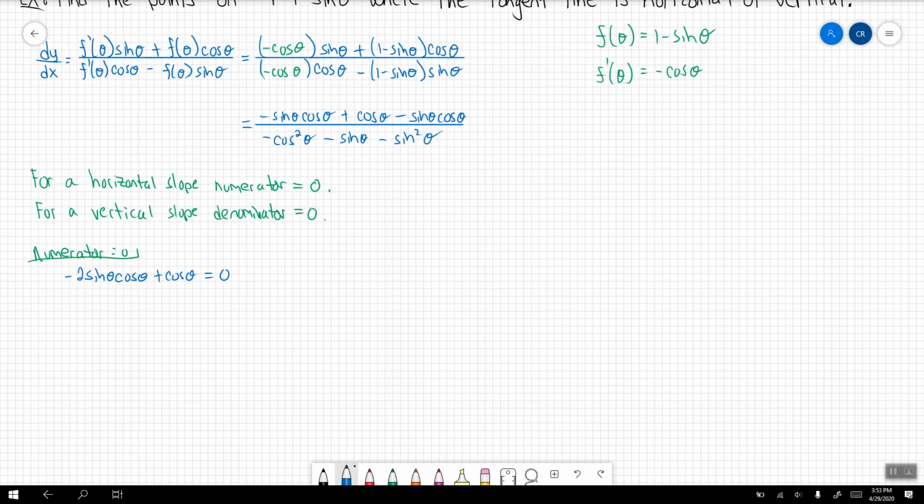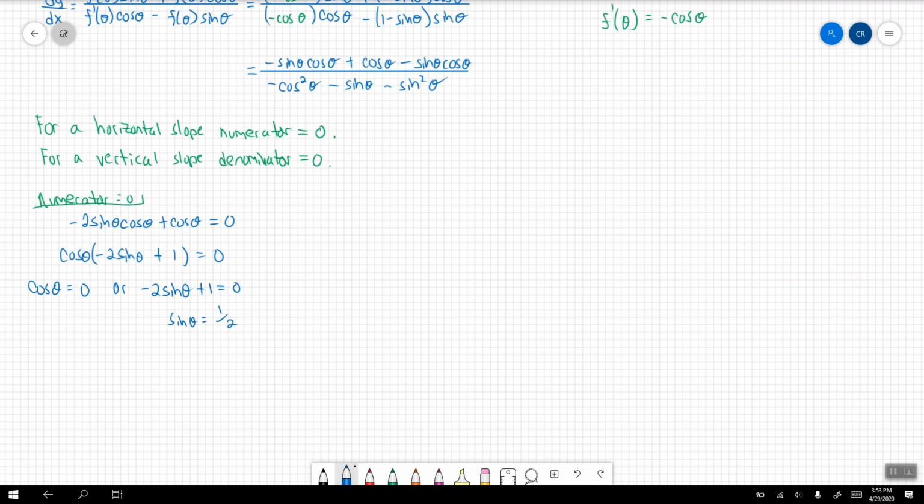And then here I can factor out a cosine. So factoring out a cosine leaves me cosine times -2 sine of theta plus 1 is equal to 0, which then tells me that cosine of theta must equal 0, or -2 sine of theta plus 1 must be equal to 0. And naturally this then becomes sine of theta must be equal to 1/2, right, after I isolate sine of theta.